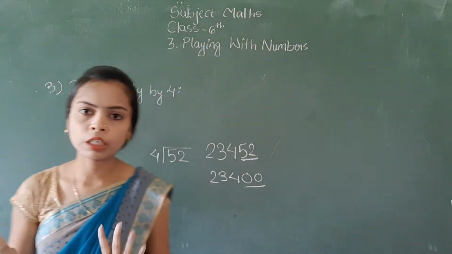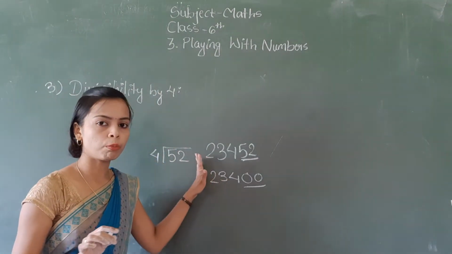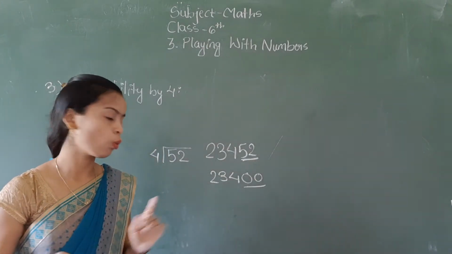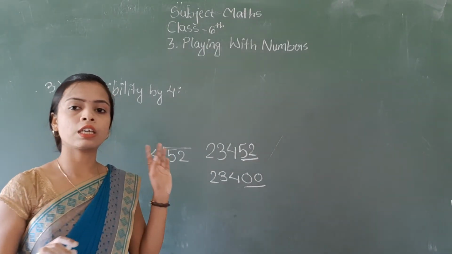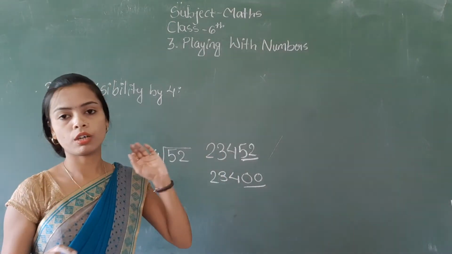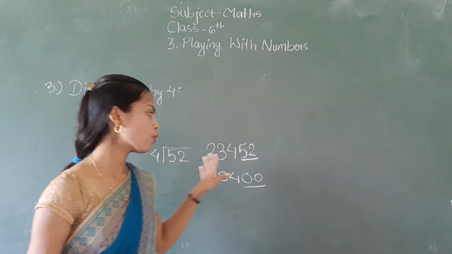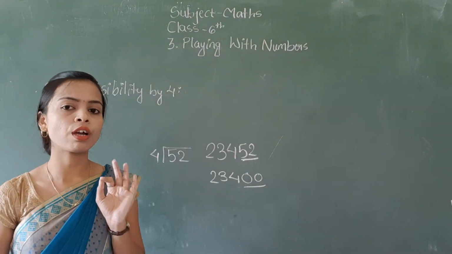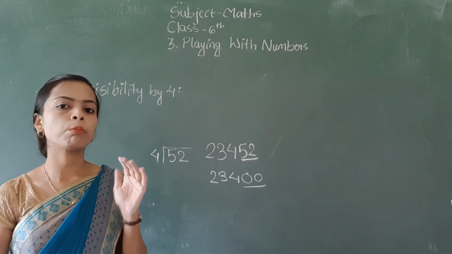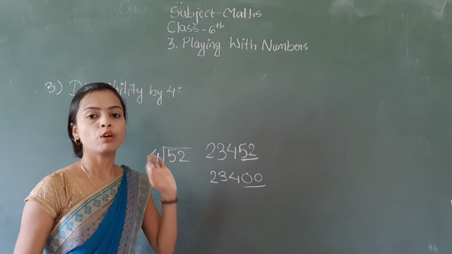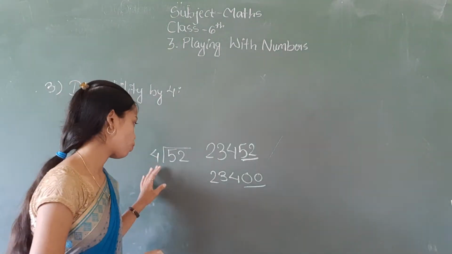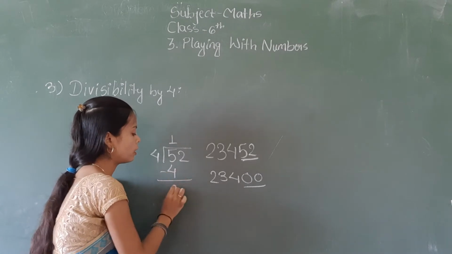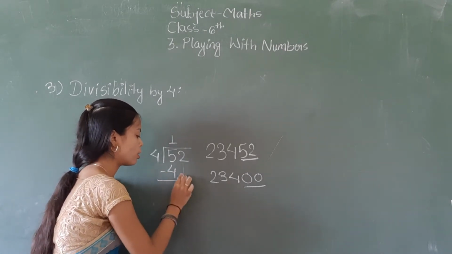Again I repeat, if the last 2 digits of the given number are divisible by 4, your answer is that the complete number is divisible by 4.